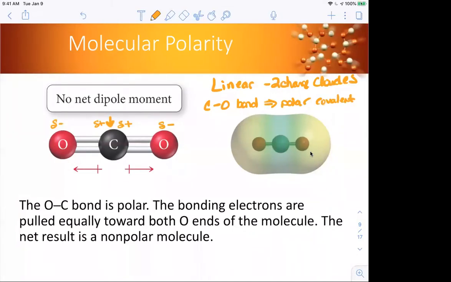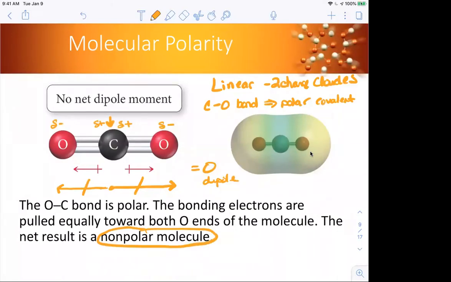Here's the problem. I have electron density shifting in this direction. I also have electron density shifting in that direction. Because those 2 bonds are equal in their difference in electronegativity, they actually cancel out. And what I get is a net 0 dipole, because this molecule happens to be nonpolar as a molecule.